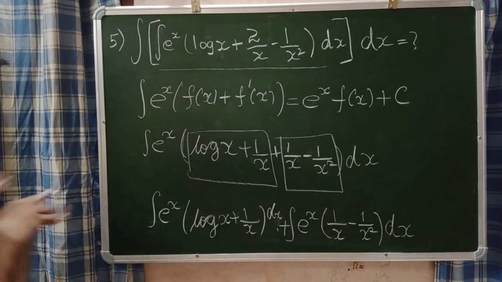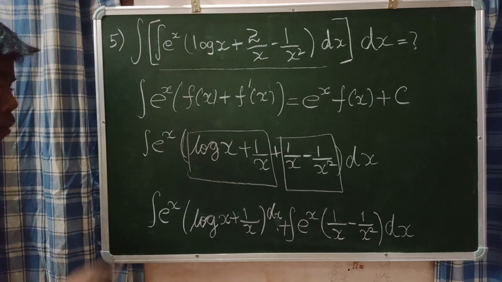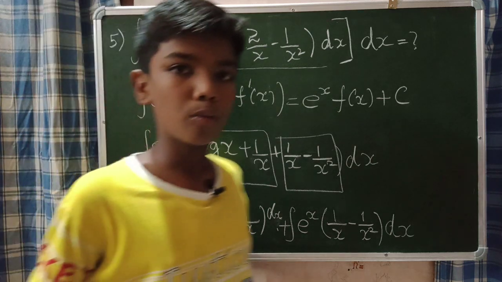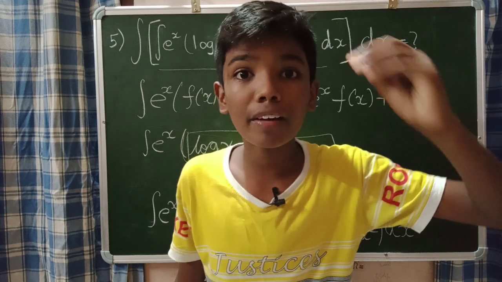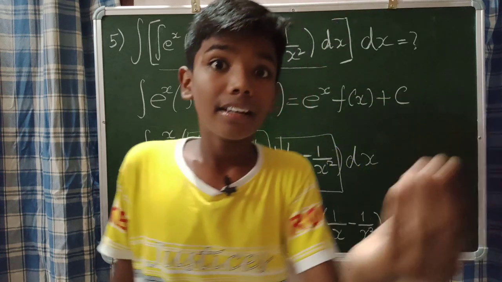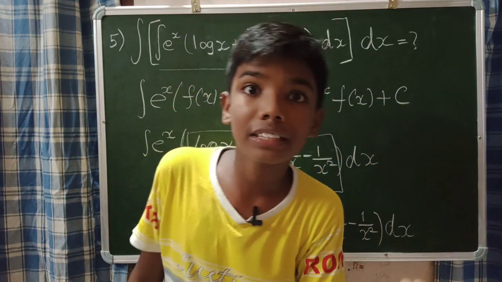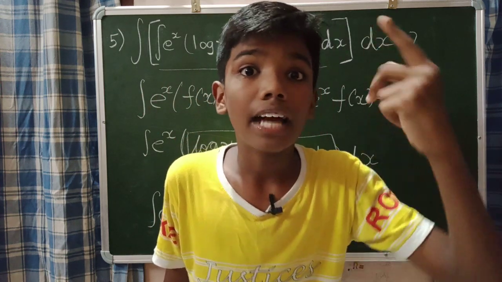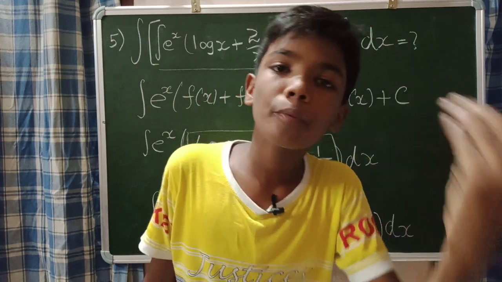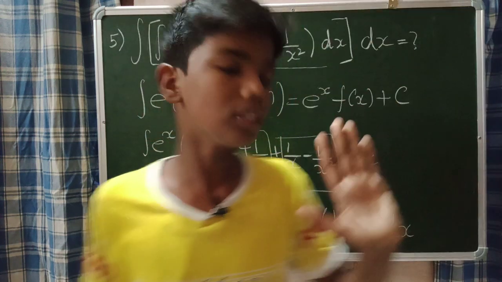I'm just splitting that. Now one formula should click in your mind. Earlier, before that question itself, I gave a hint. That is, integration of e to the power of x of f of x plus f dash of x is e to the power of x of f of x plus some constant c.